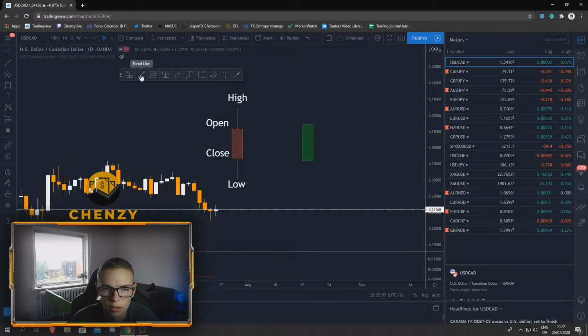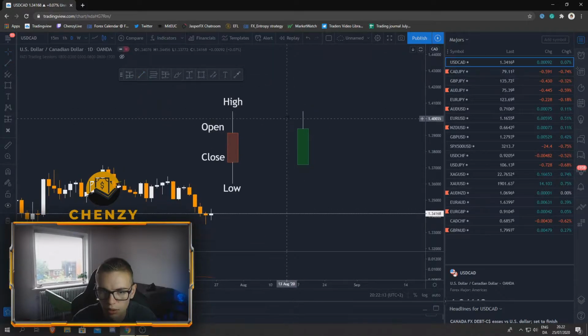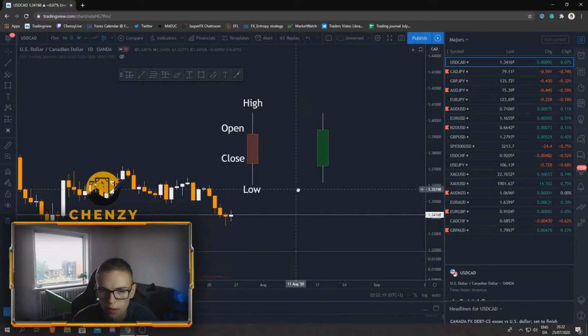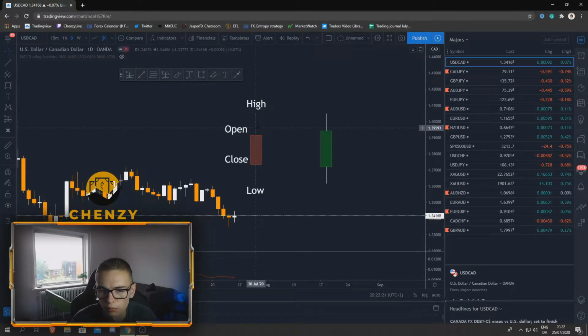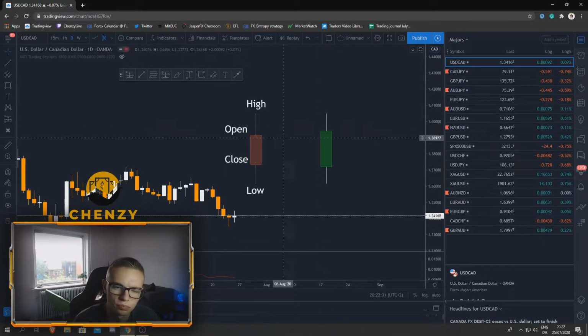Now we need the high and the low, and I drew this wick here like that, and then the high is up here, and then I draw a wick to the downside as well. I call these wicks, these aren't part of the body of the candle, these are the wicks. Some people also call it shadows.